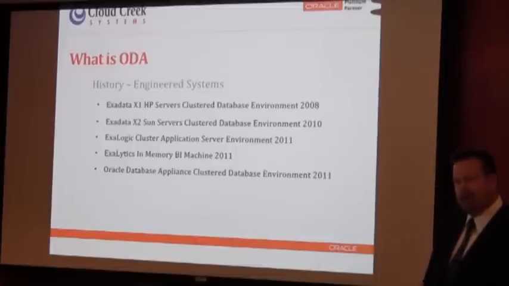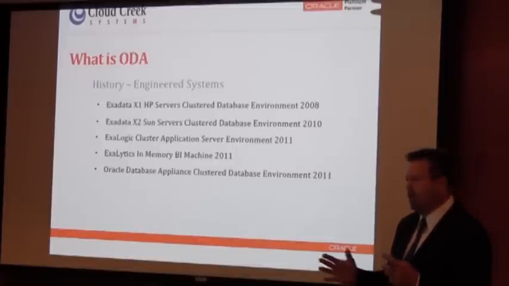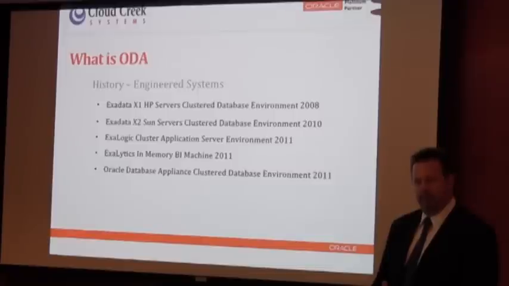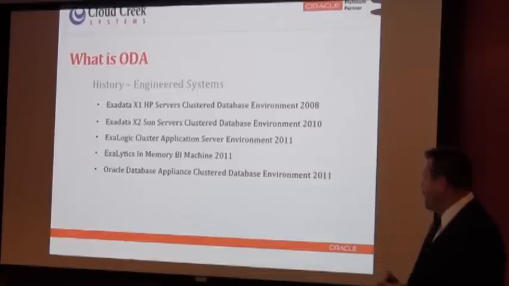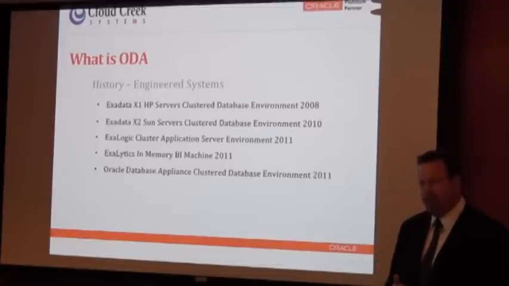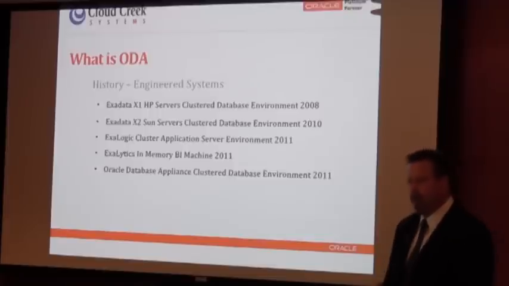Now the EXA product lines are larger systems, larger amounts of data, high performance systems. The ODA appliance is mid-market, industrial, used for a wide variety of kinds of environments, and we're going to get into that in a little bit.